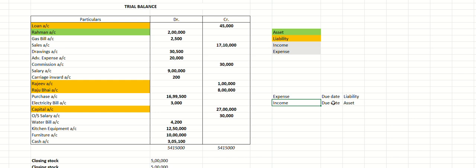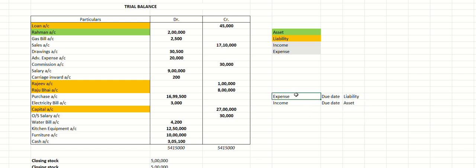Any income that was unable to be received on the due date, after that date, becomes an asset of the business. Just think about Rahman. If Rahman had paid that 2 lakh rupees on time, then it would become our income called sales. But unfortunately, Rahman was unable to make the payment. So he made the payment after the date he ought to pay, then it became our asset. Did you get the point?